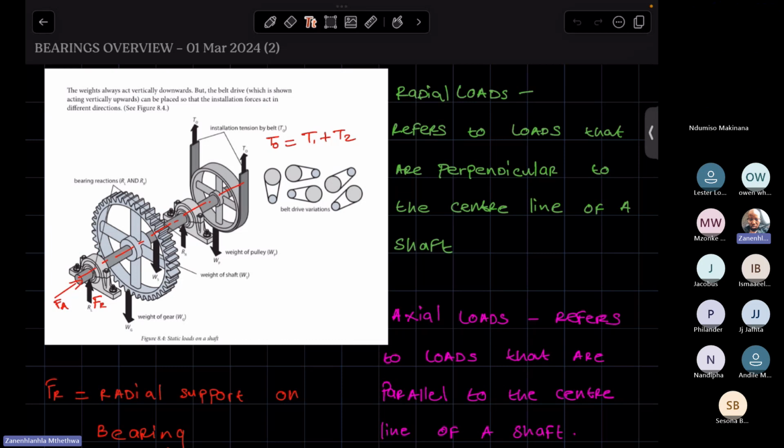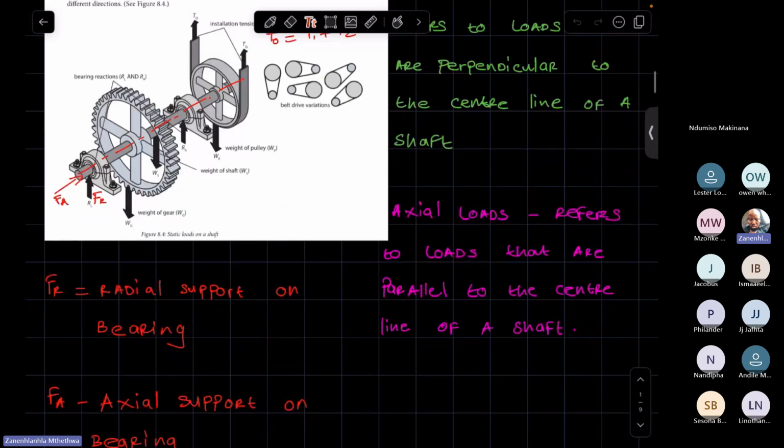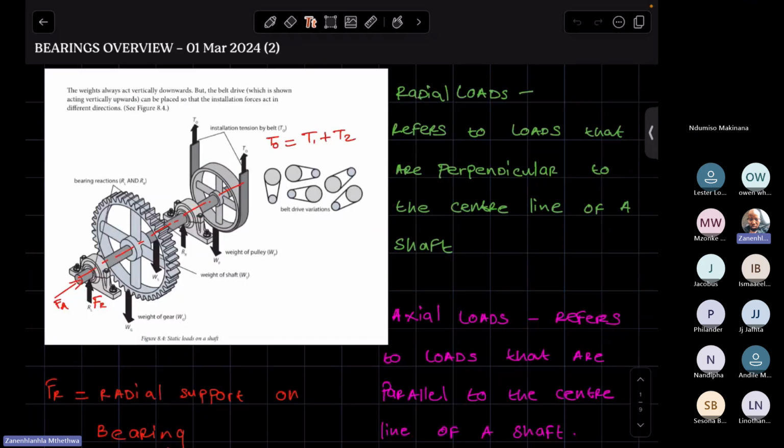Bearings. Okay. Can everyone see this? Yes, sir.